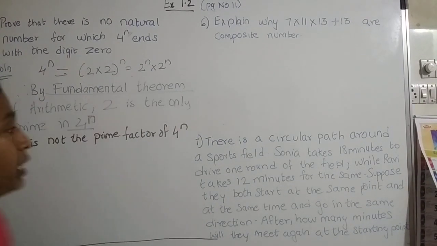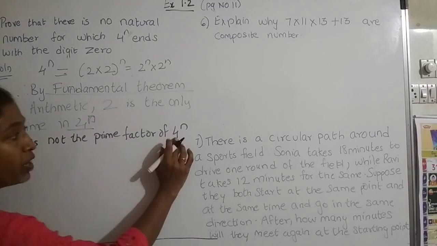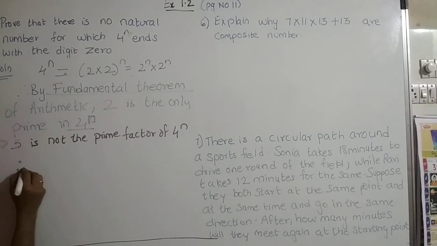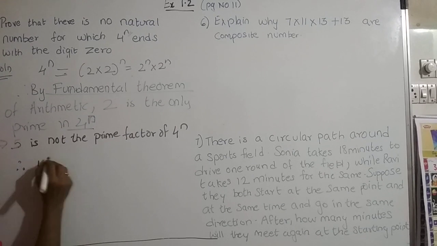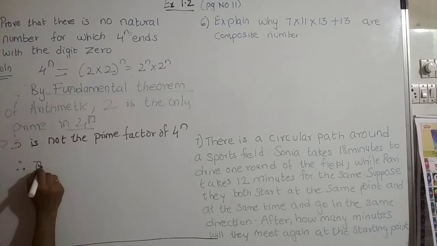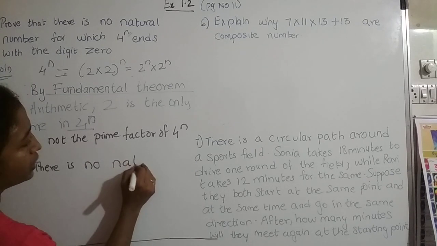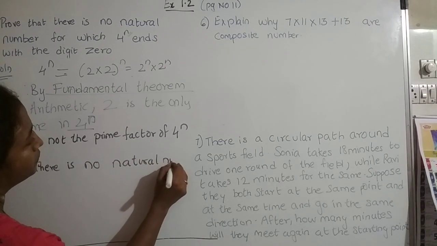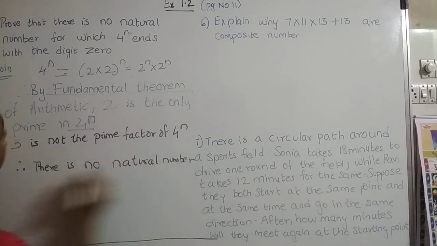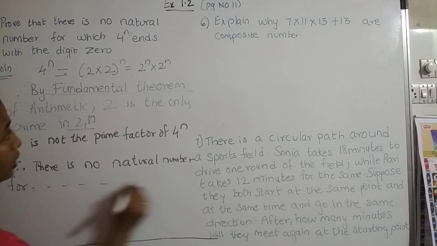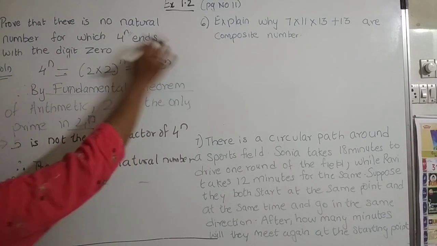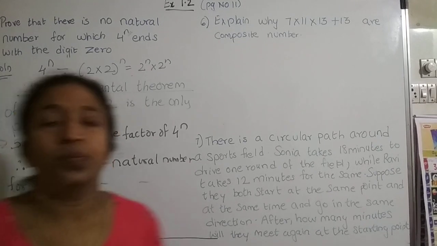So 5 is not there. Therefore, for 4 raised to n, there is no natural number n for which 4 raised to n ends with the digit 0.